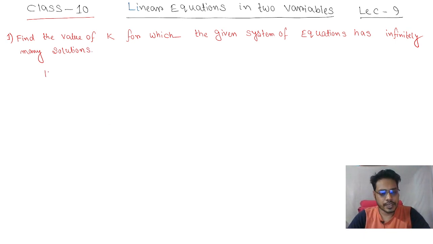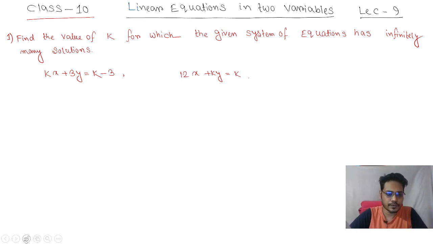So the first one is kx plus 3y is equal to k minus 3, that is the first equation, and then 12x plus ky is equal to k, that is equation number 2.